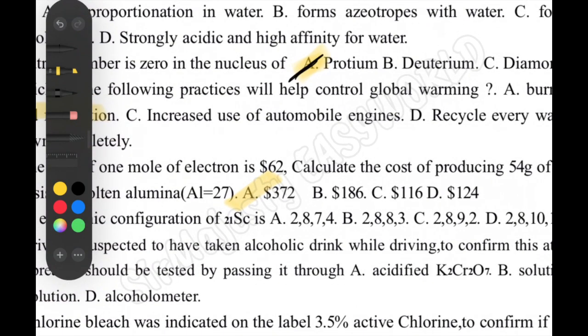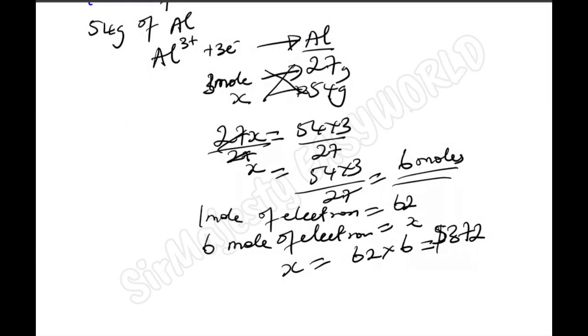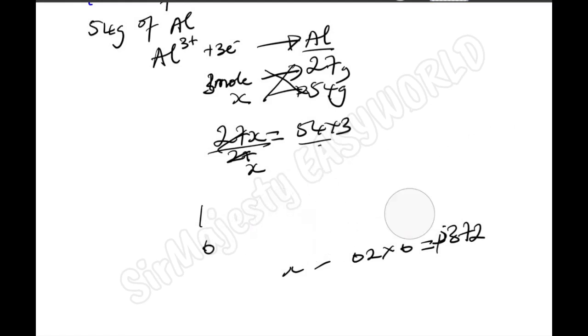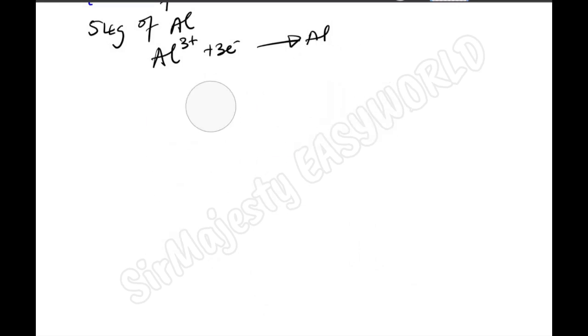So this is all about the uniqueness of the transition elements. So as usual, before scandium is calcium. So calcium is number 20.